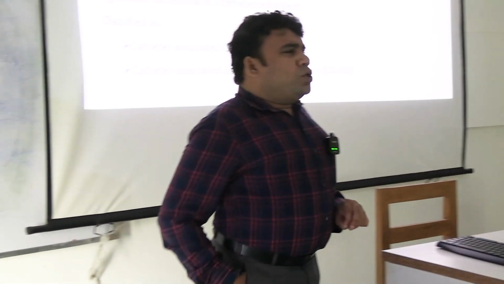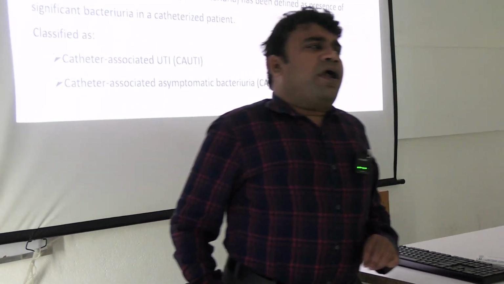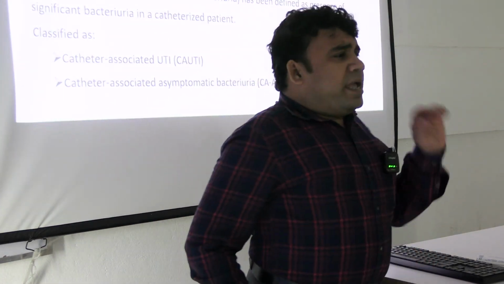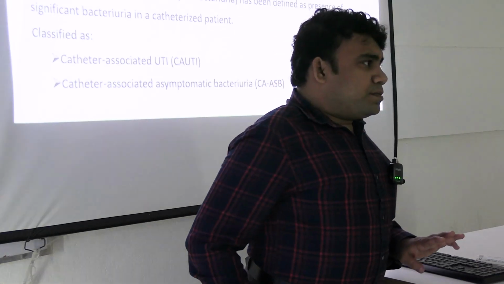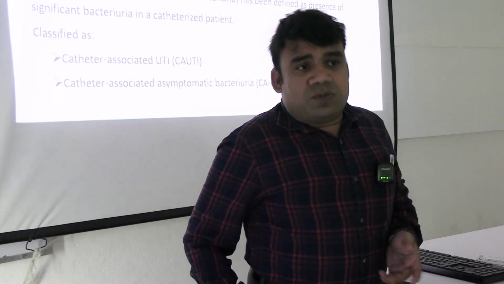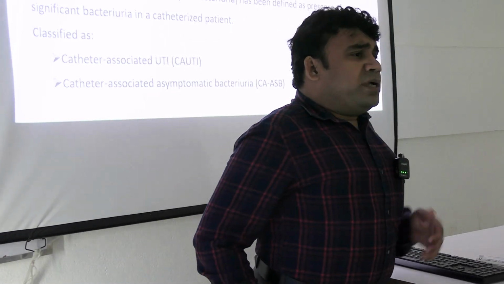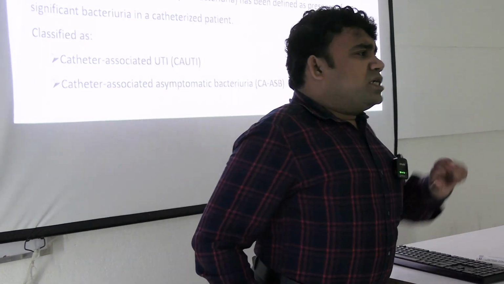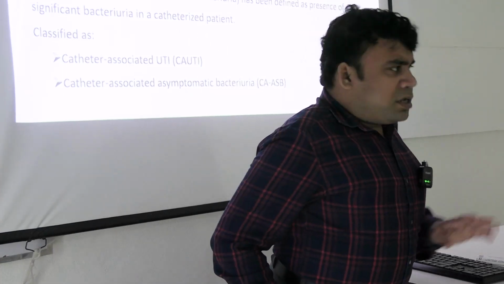Why? Because generally we do not advocate antimicrobial therapy in case of asymptomatic bacteriuria except in certain scenarios. Like if the patient is pregnant, if the patient is immune compromised, if the patient is undergoing any sort of urinary tract instrumentation or surgery, in these scenarios we will advocate antimicrobial therapy.